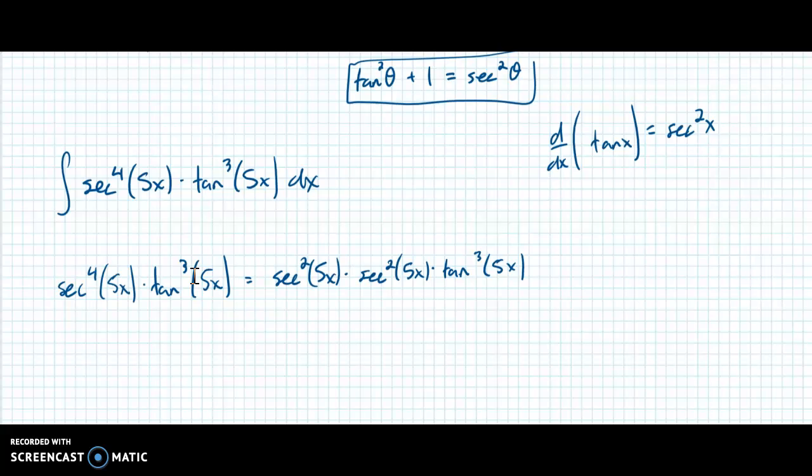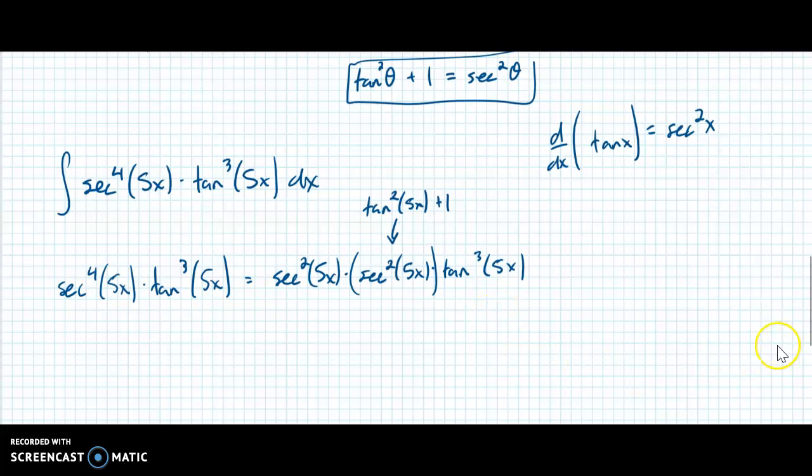So what I want you to see is that this piece right here can be replaced with a form of this. Secant squared of something is tan squared of something plus 1. So this is secant squared of 5x, and that is going to get replaced with tan squared of 5x plus 1. Hopefully that makes sense.